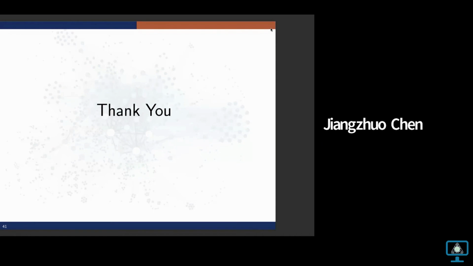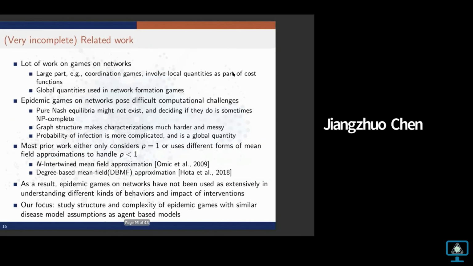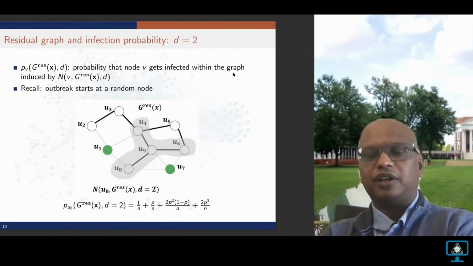Can you go back to the definition of the costs? Very beginning, what is D? The definition where you explain D and also the costs. Okay, so D is the parameter which defines how much of the neighborhood information we are aware of.